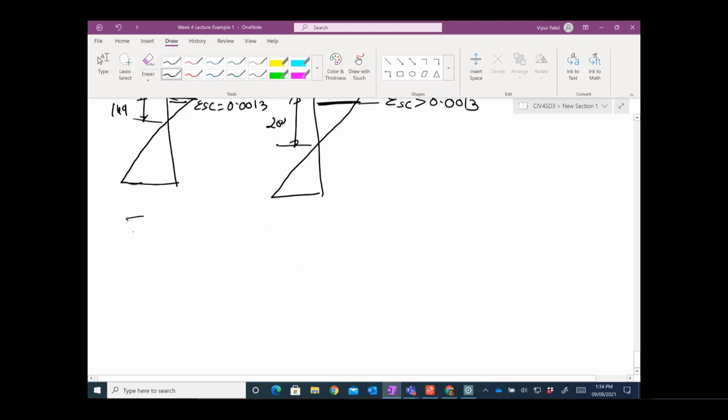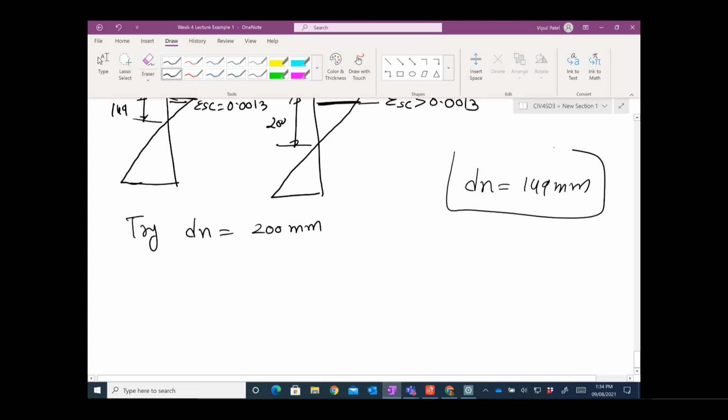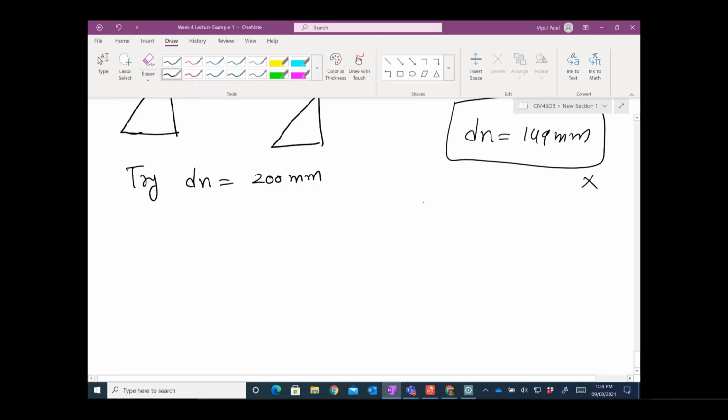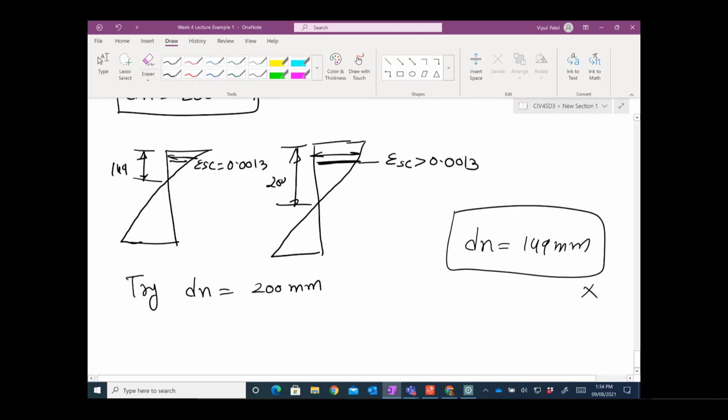So let's try DN equal to 200 millimeters. Keep in mind DN equal to 149 millimeters did not work. Now the ultimate goal is to get this value equal to 0.